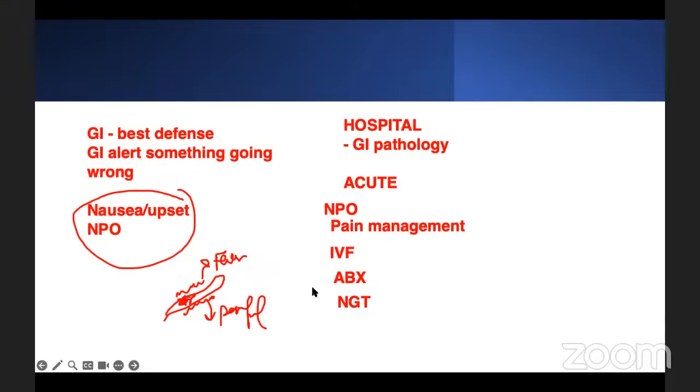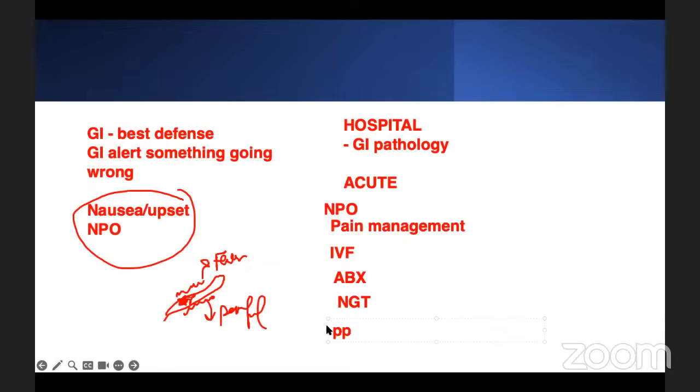Since they are not eating, sometimes you develop gastritis, inflammation in your stomach, and you can develop ulcer. So we want to protect the stomach with all the stress that is going on. What do you give to protect the stomach when they're stressed? You give them a PPI, proton pump inhibitor, right?